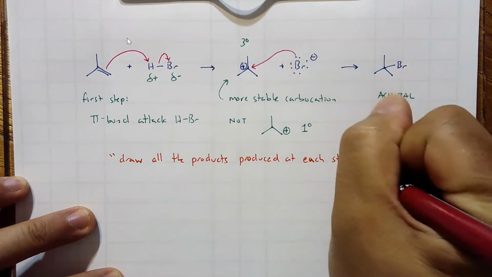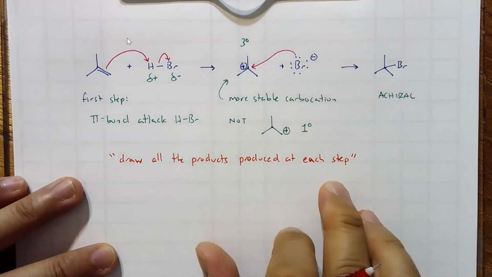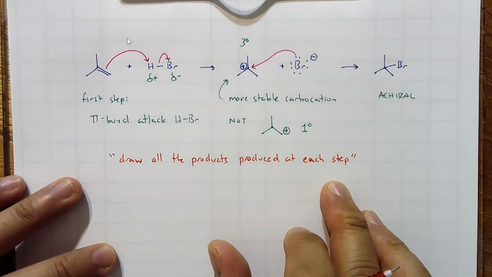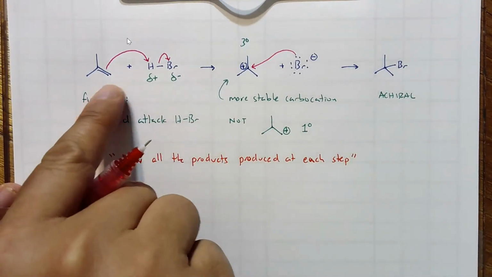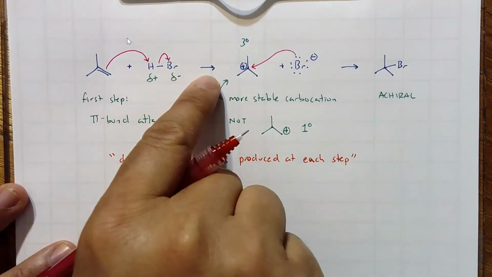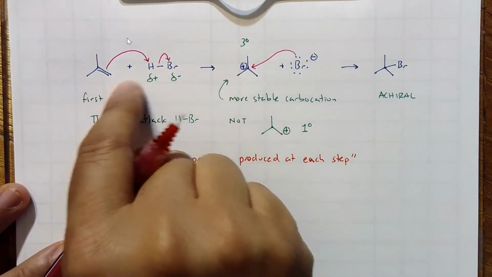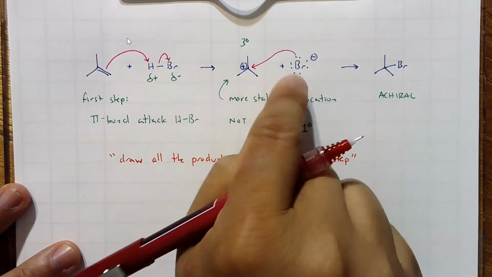What does this mean? It doesn't mean that you draw all the final products at each step. It means that you draw exactly the products that occur at each step. So here I do produce a Br minus, and I have to draw it.